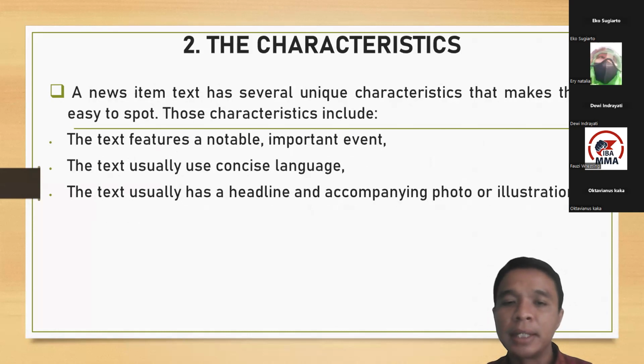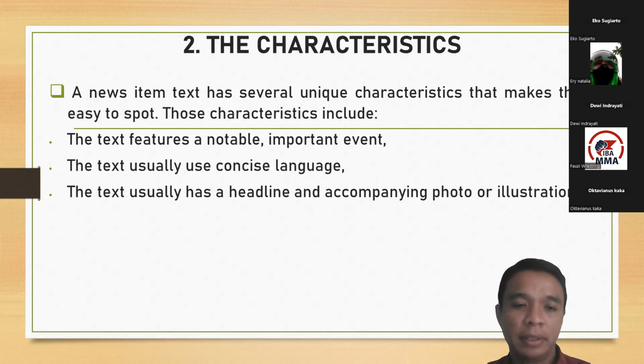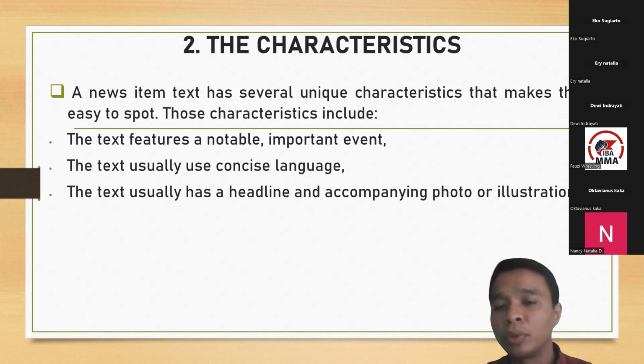Those characteristics include, the first one, the text features a notable, important event. The second one, the text usually uses concise language. And the third one, the text usually has a headline and accompanying photo or illustration.